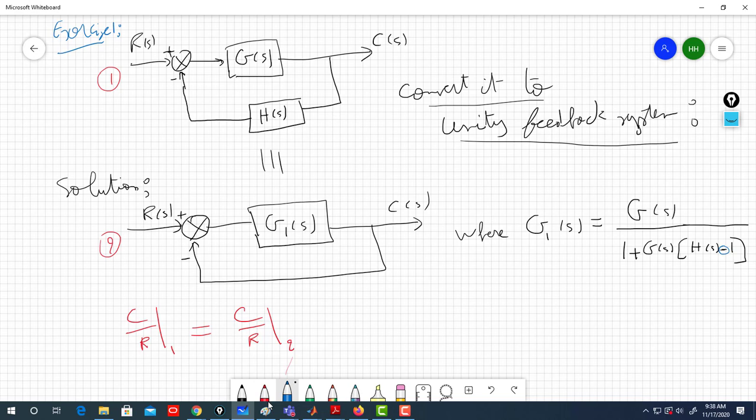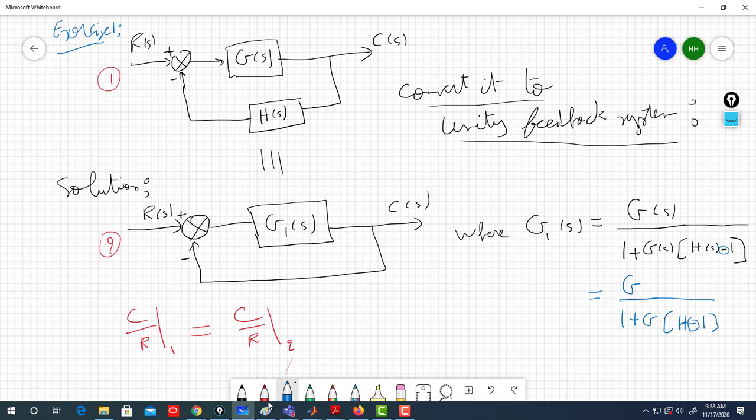G1 equals G over 1 plus GH minus 1. So I like to write it without S because I like this way. This minus 1, that's how to convert system 1 to system 2.